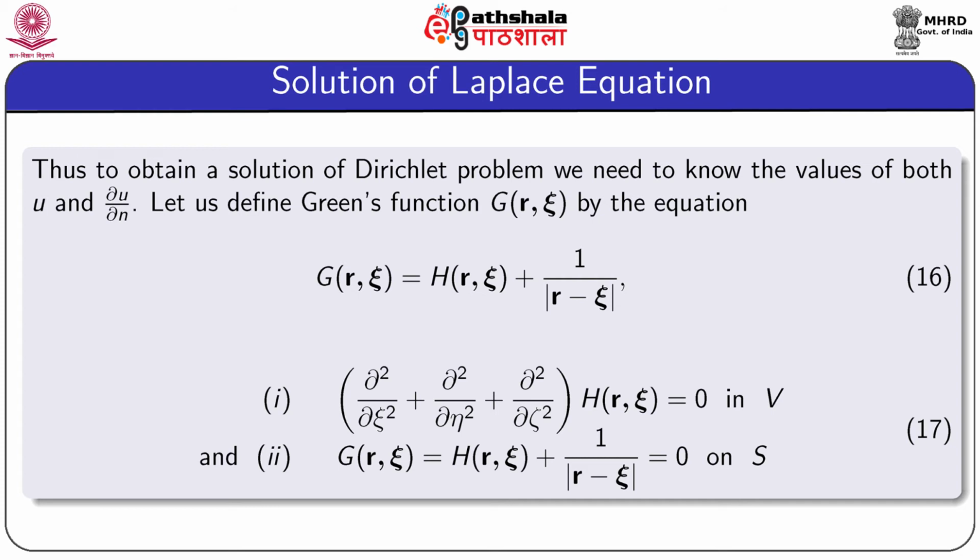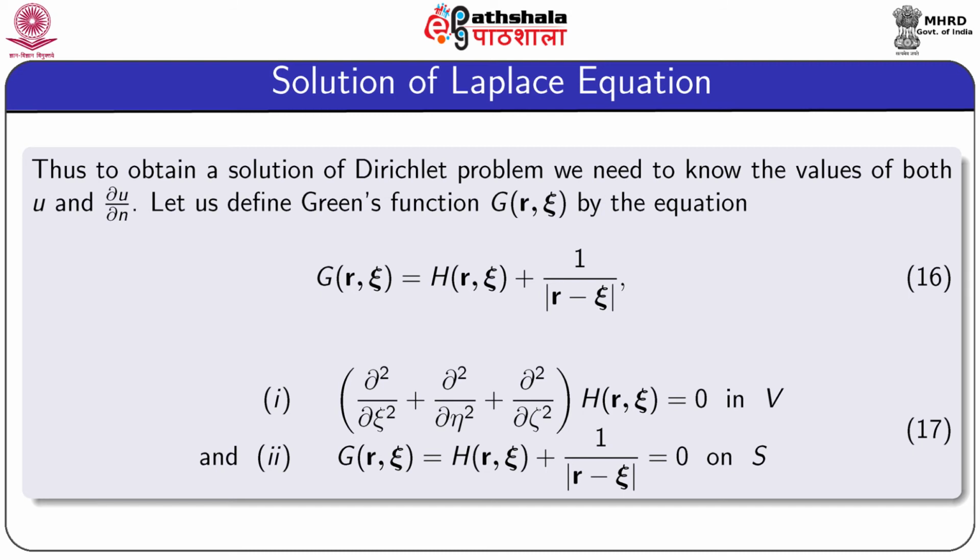But let us try to think of the problem in a different way. Now, we consider a function known as Green's function, which is of the form G equals H plus 1 divided by mod r minus xi. We define a function G in this way, and we also assume that the function capital H is harmonic.